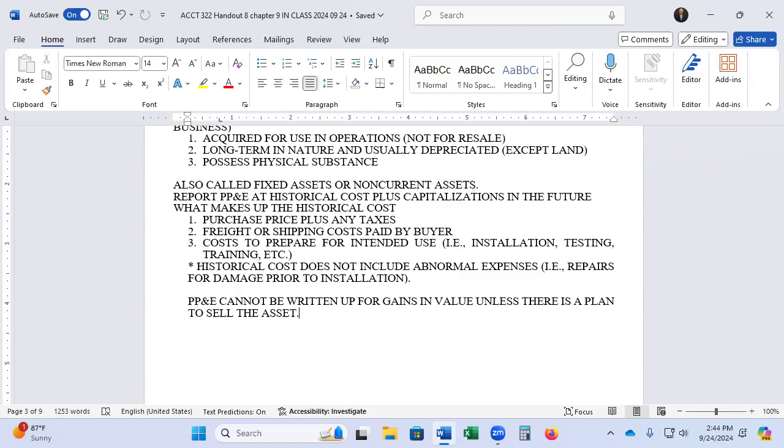But in general, they cannot be written up. I already talked about that it can be written down. We already talked about costs that extend the life of an asset are capitalized.